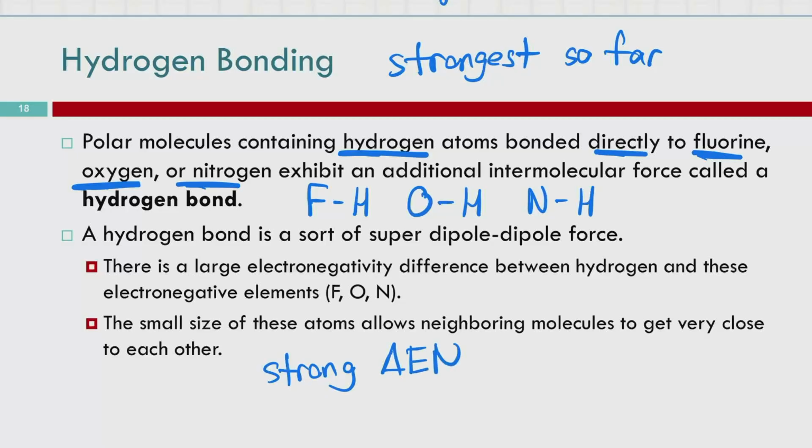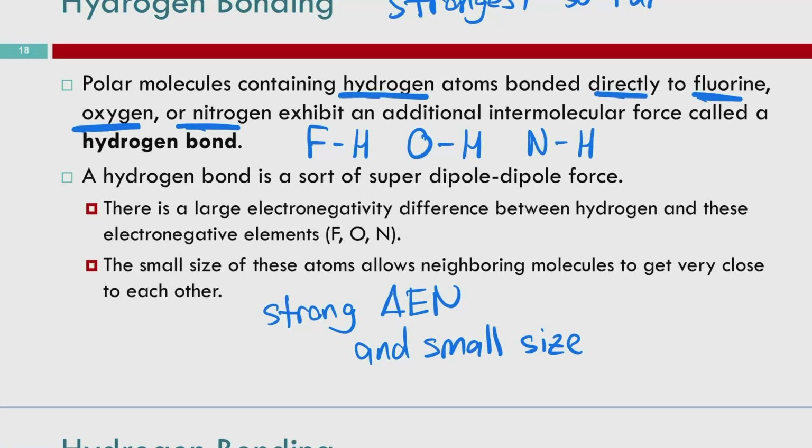Big difference in electronegativity in small size means that we can get these 2 atoms close to each other. Hydrogen and fluorine will get much closer to each other than hydrogen and chlorine, since chlorine is bigger.